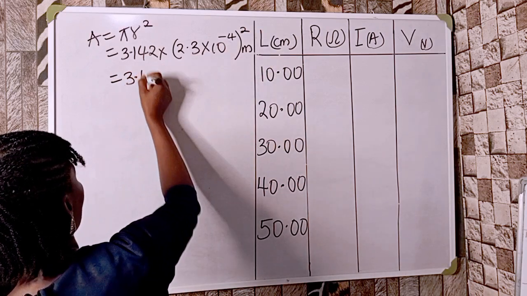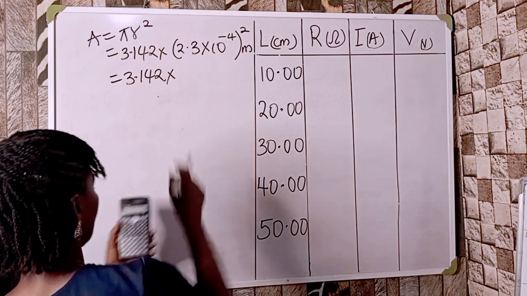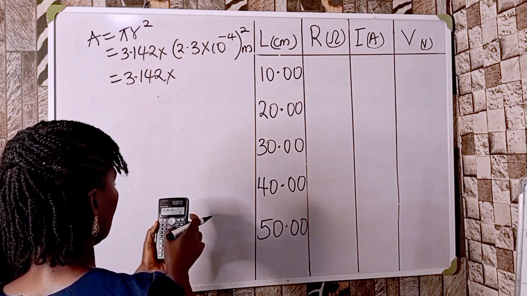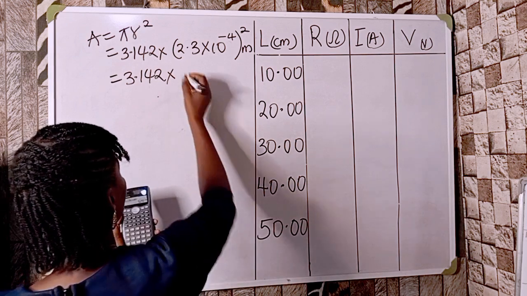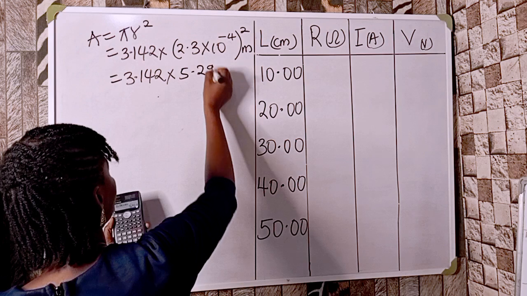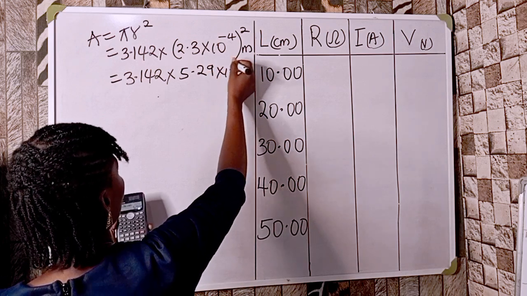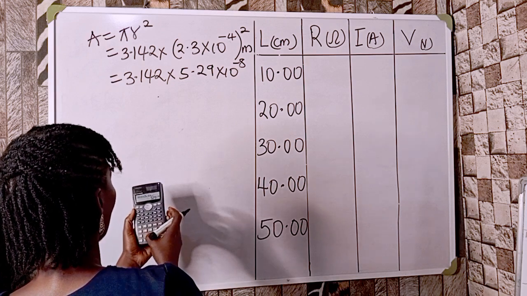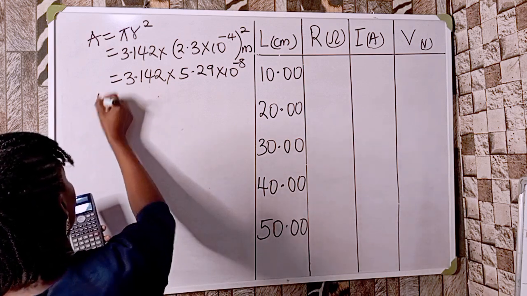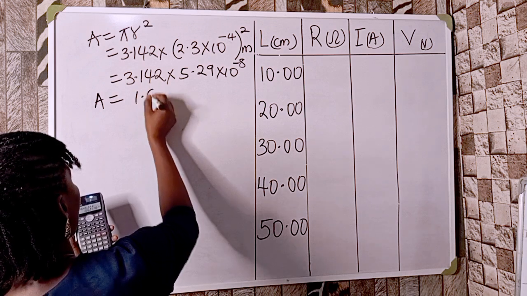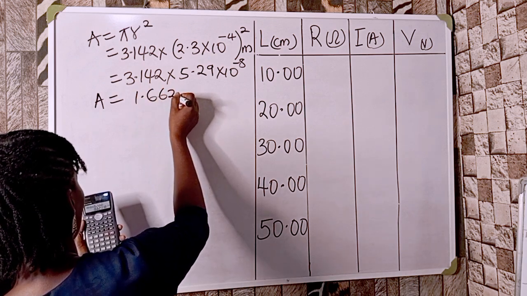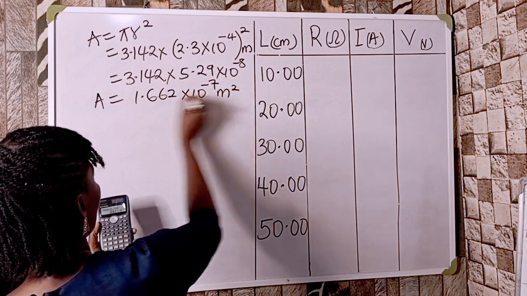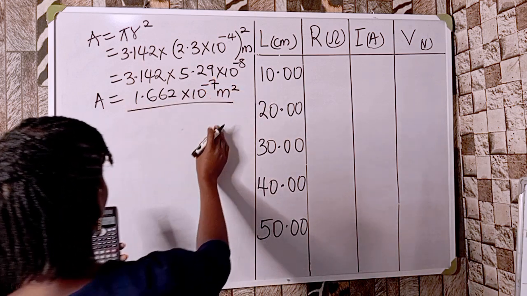So I have 3.142 times, by the time I square 2.3 exponent minus 4, it is going to give me 5.29 times 10 raised to the power minus 8. I'll multiply by 3.142, and it is going to give me area to be 1.662 times 10 raised to the power minus 7 meter square. Now this is my area.